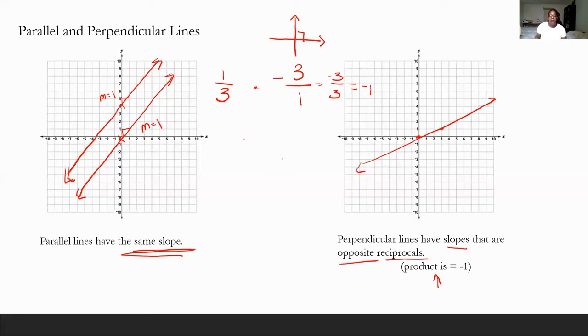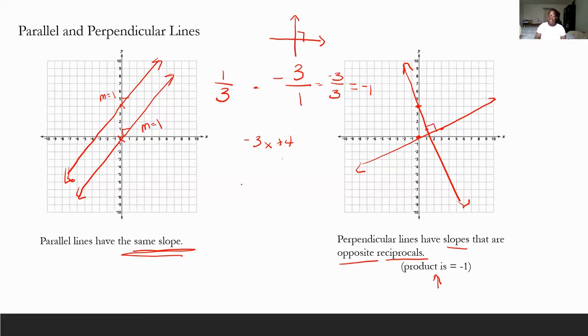And let's say for -3, just to give it a different starting point, if I start at 4, I go down 3, 1, 2, 3, and then over 1. And I'm going to try my hardest. Oh, look at this, I'm getting better. So if you can see right here, this is going to create that 90-degree angle, okay?